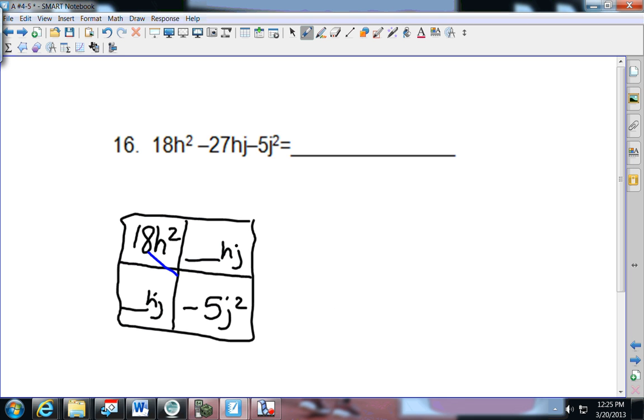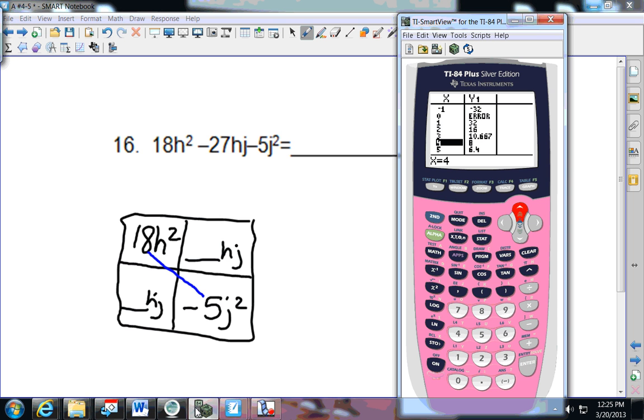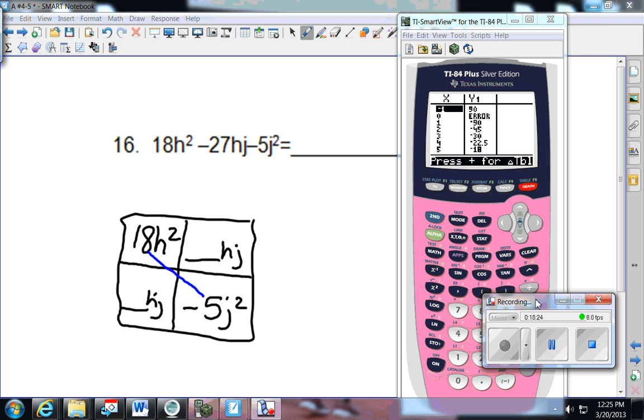So now let's take 18 times negative 5. 18 times negative 5 gives me negative 90. So I'm going to go into y equals and put in there negative 90 divided by x. Now press second graph, and I want you to look through and find the factors that add up together to give you negative 27.